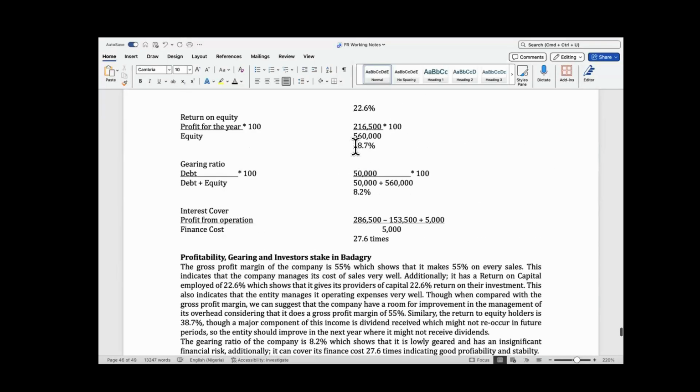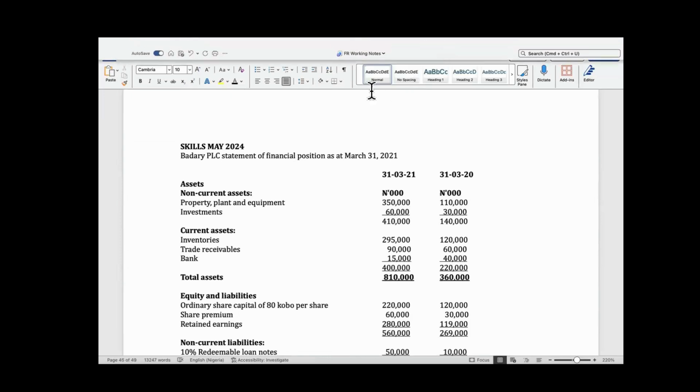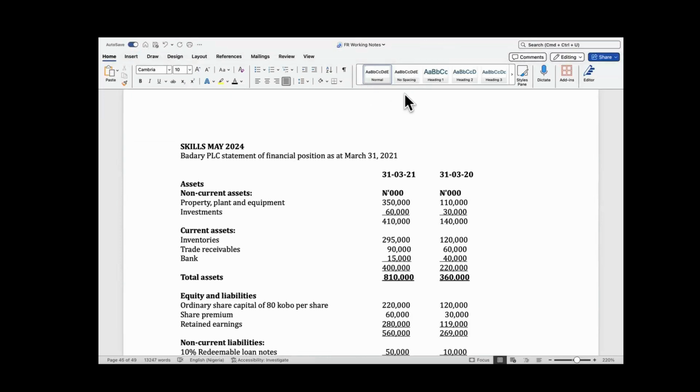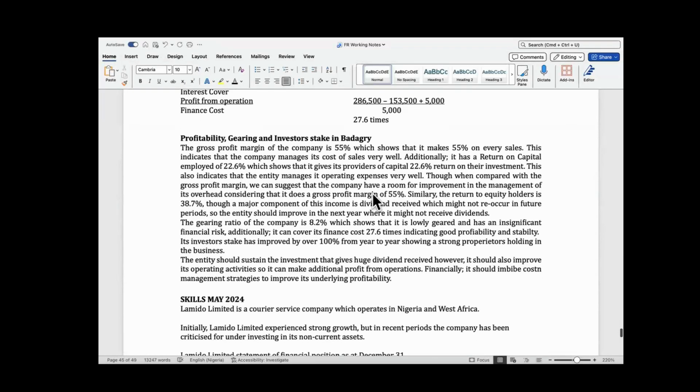Okay, so that is for this May 2024. That's for this May 2024.